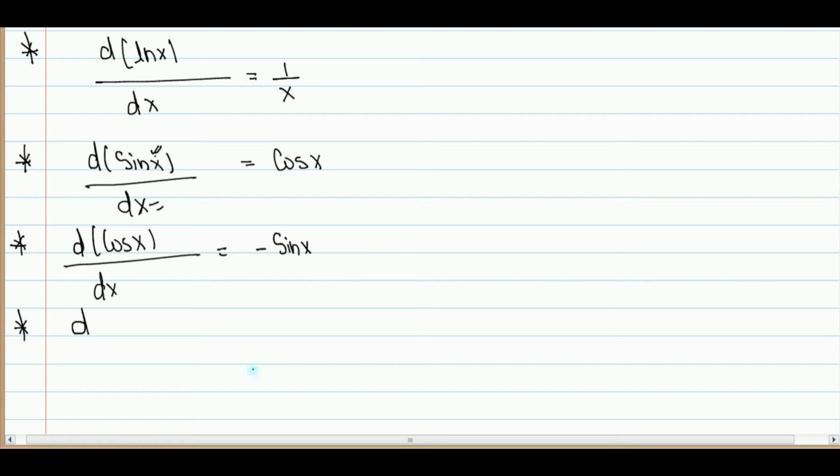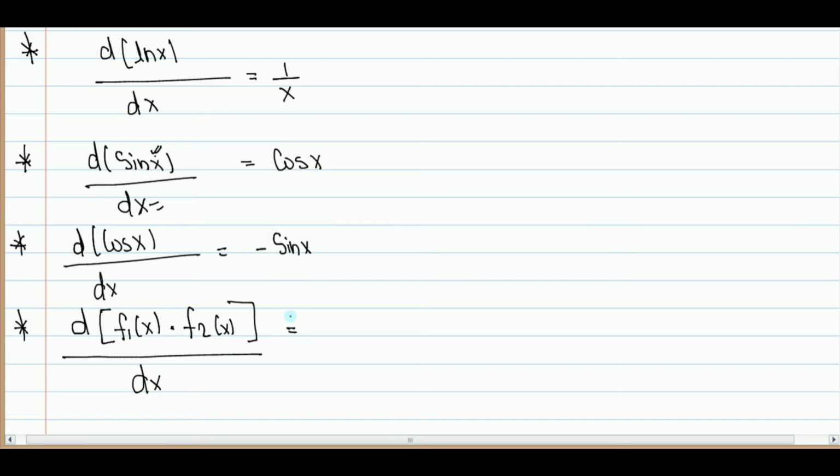Before going for the differentiation of tan x, I just want to let you know the differentiation of multiplication of two functions. Let's say there is one function f1 which is a function of x, and another function f2 which is also a function of x, and we have to find the differentiation of the multiplication of these two.